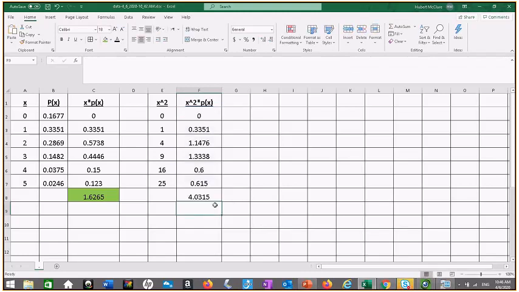And now I'm going to subtract, so I'm going to put mean right here. Mean, variance. My variance is going to be equal to that number minus the mean squared. So equals this number minus parentheses mean raised to the second power.